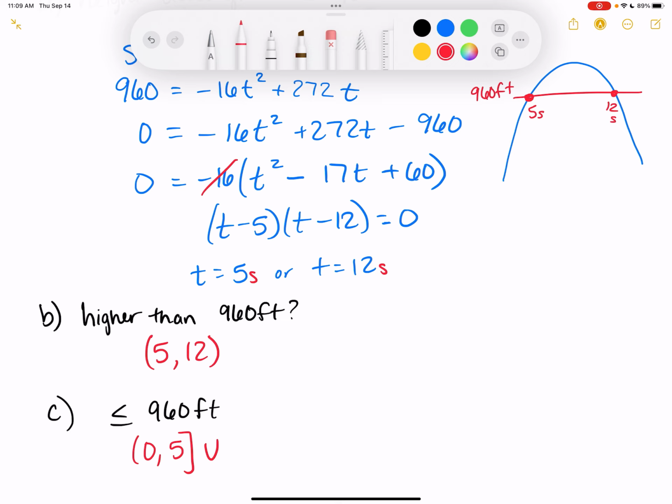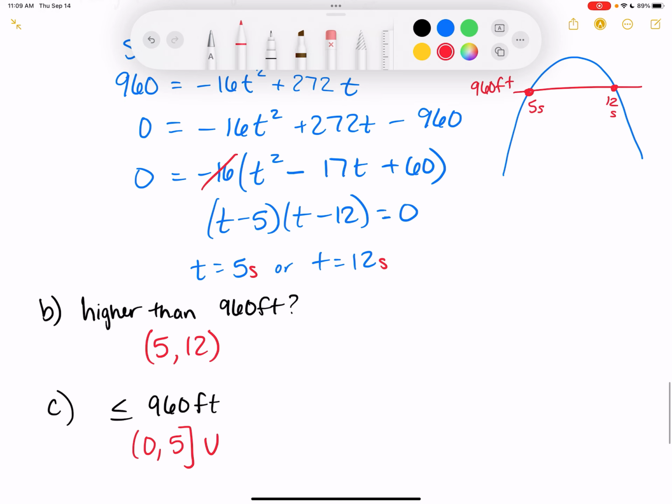So, what do we know about parabolas? They're the same on both sides. So if there's 5 seconds over here, there's also 5 seconds over here. So this one is going to actually be 12 to 17. And because it's back at the ground, we don't include 17.